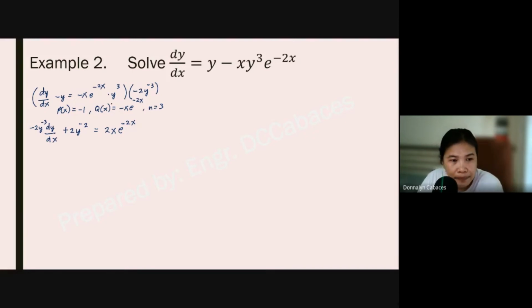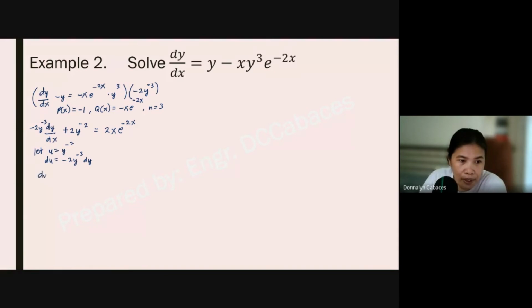Okay? And now we let u be equal to y to the negative 2. What is our du? Negative 2 y to the negative 3 dy, which is again this part of the first term.